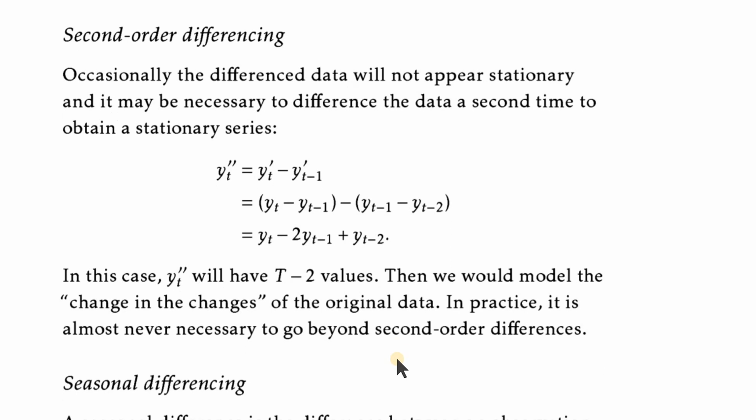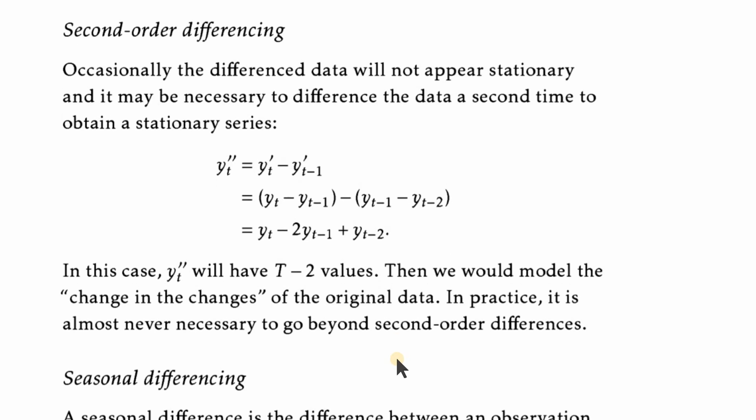Let's move to the second topic, which is second order differencing. Just now was first order differencing, so we denote it as Yt double prime. Recall that Yt prime is equal to Yt minus the previous one, Yt-1. That is the first differencing. Now we difference it again, taking the double prime, so we difference another time.